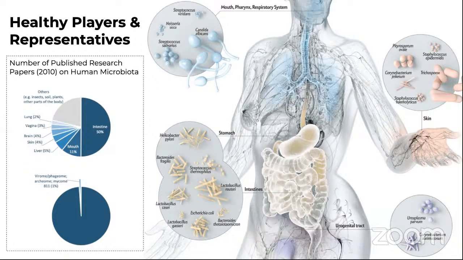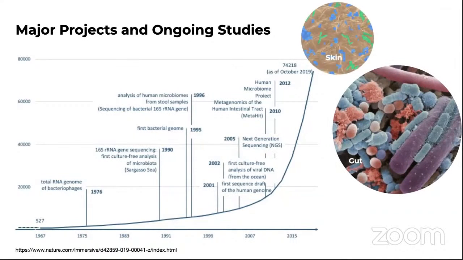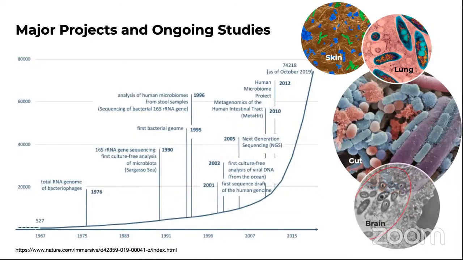So the majority of these studies have focused on the intestinal microbiome, but we know that other microbiota have been studied as well. Since the 1990s, microbiome studies were significantly advanced through major initiatives or large projects such as the metagenomics of the human intestinal tract and the subsequent Human Microbiome Project.